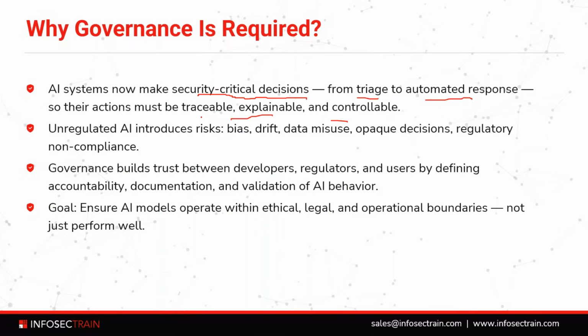We should be able to trace it so that we can audit these systems. If you're not regulating AI systems, it will introduce AI bias, drift in your data, data misuse, regulatory non-compliance.